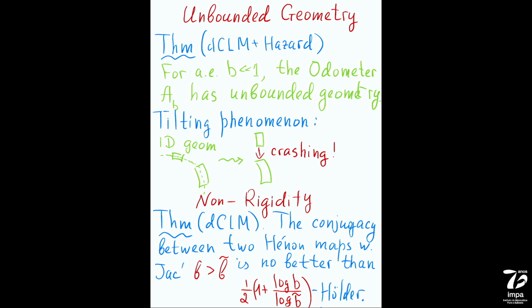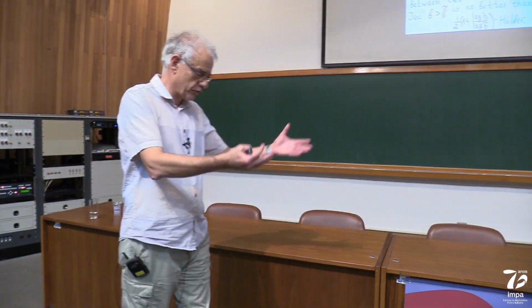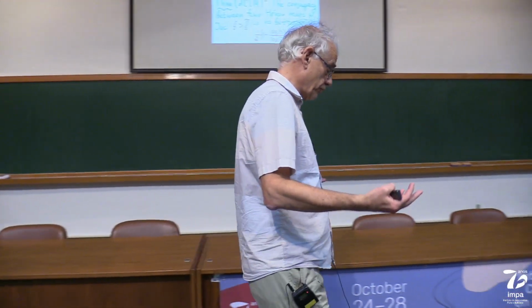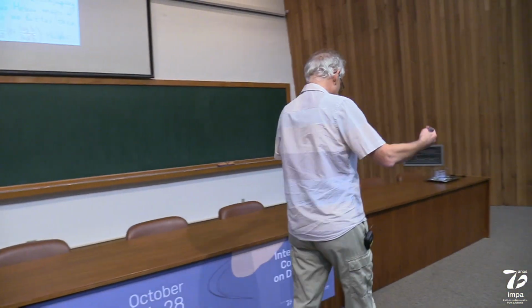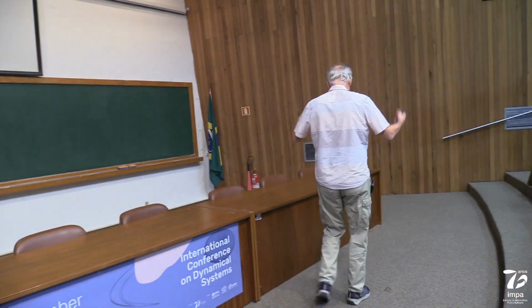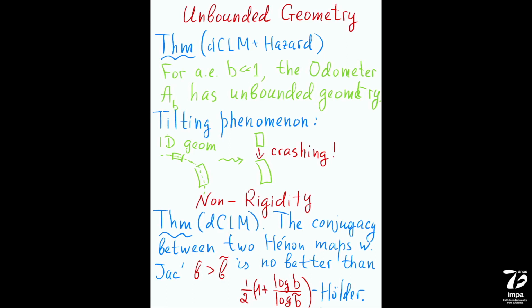Bounded geometry would mean that this configuration of pairs, one piece and two pieces inside, on all levels, stays uniformly bounded: roughly Lipschitz equivalent to some standard configuration. That would be bounded geometry.